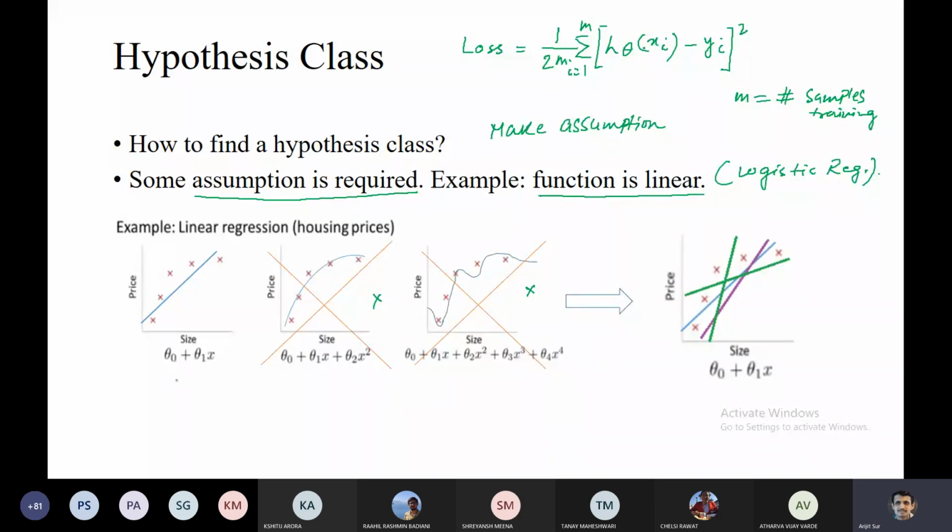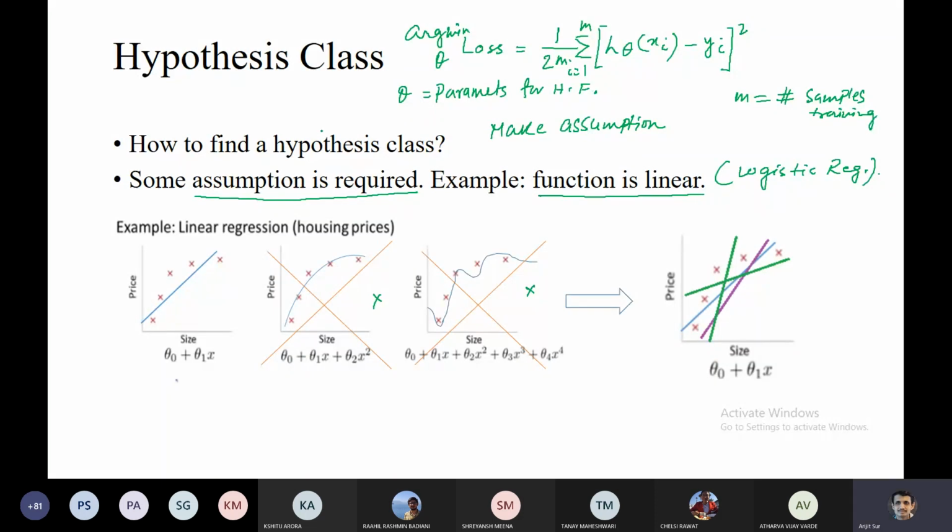And what we have to do is take the arg min of this loss with respect to theta. What is theta? Theta is the parameters for our hypothesis function.